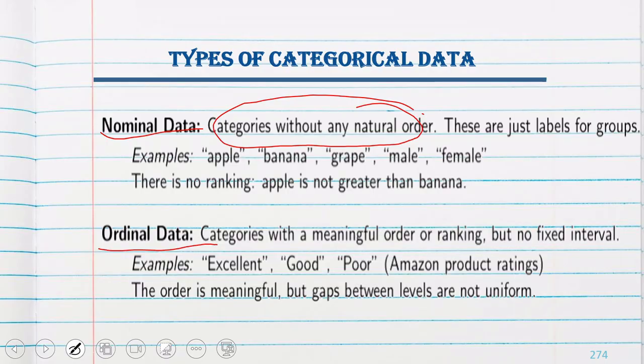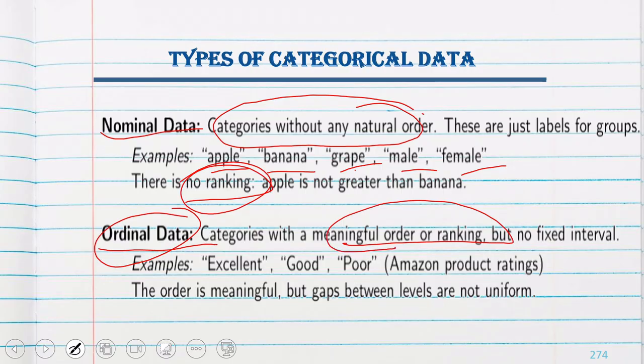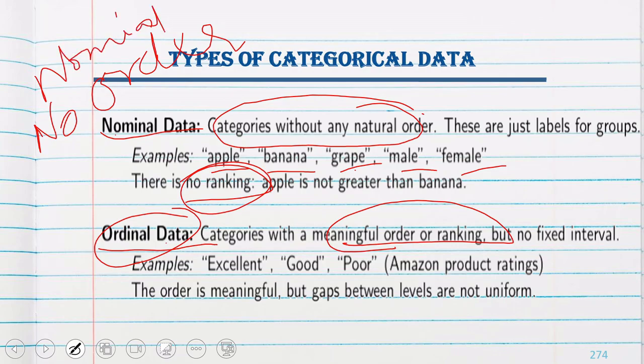They are just labels: apple, banana, grape, male, female. No ranking is there. Then ordinal data means there will be some meaningful order. If there is order, then it is ordinal data. If there is no order, nominal data. Nominal, no order. You can remember like that, n.